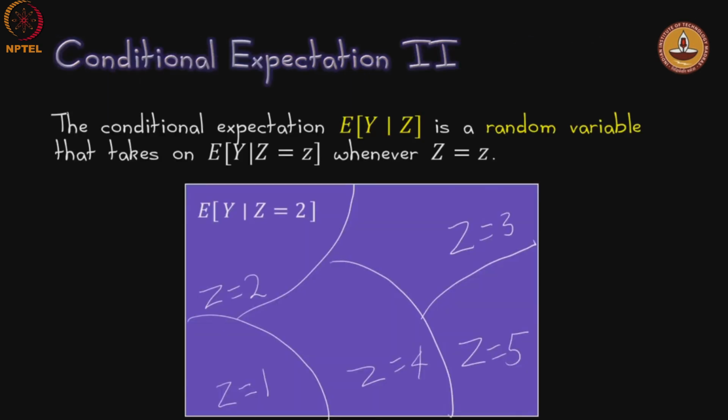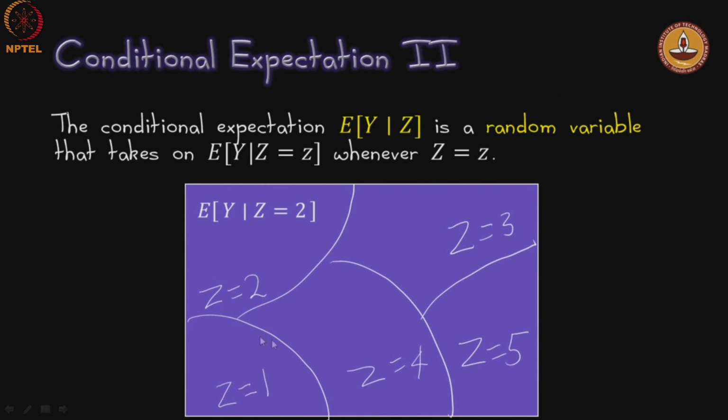That brings us to this notion of conditional expectation, the second version, in which we define the expectation of Y given a random variable Z. This expectation of Y given Z is itself a random variable, and it takes the value expectation of Y given a specific value of Z, lowercase z, whenever the random variable uppercase Z takes the value lowercase z.